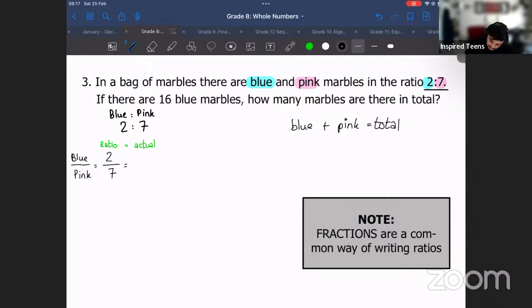So I could express this as 16 divided by an unknown pink amount. And actually, I've created an equation. Why? Because I know that 2/7 is definitely equal to 16 over something, because the ratio remains constant. Remember, this 2:7 is the simplest ratio, and 16 is to something would be the actual amount.